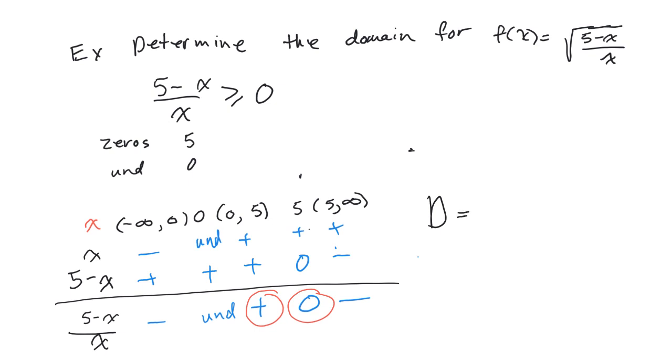The domain starts at an open bracket for 0 and goes up to 5, but because it ends at the actual 5, it's a square bracket, and we're done.